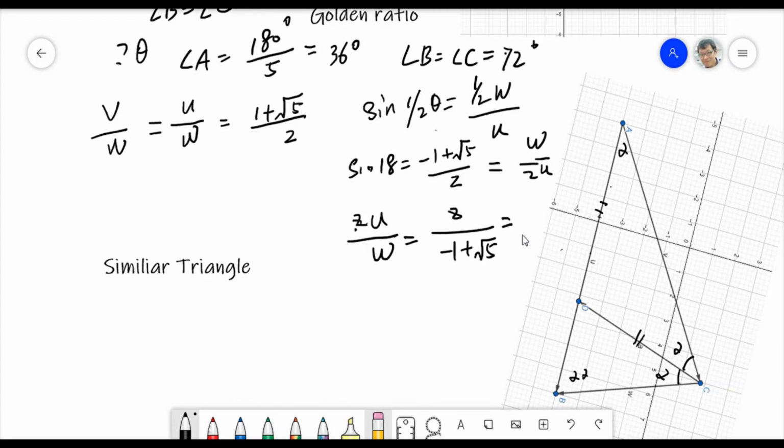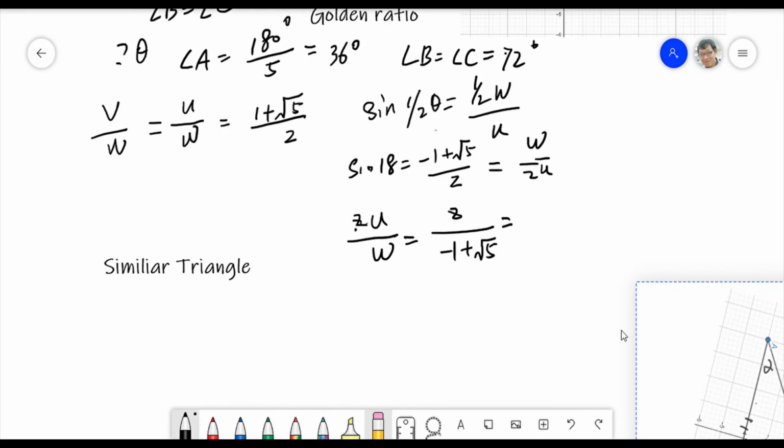Let me move to this angle a little bit. Simplify this one, so we multiply by -1 minus square root of 5 on top and bottom. Below, we have a plus b times a minus b, so a squared minus b squared: -1 squared minus square root of 5 squared. Up, the same, no change, but we can draw the negative out, so we get 1 plus square root of 5.